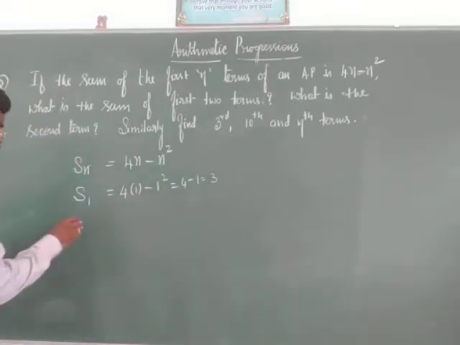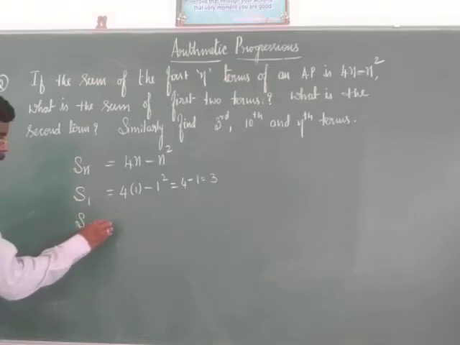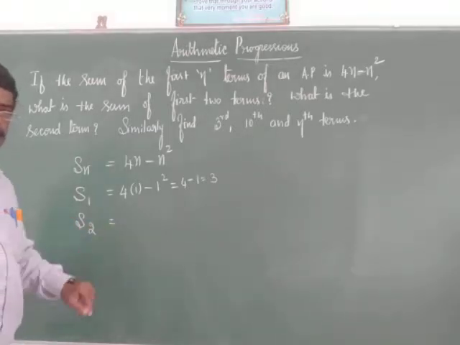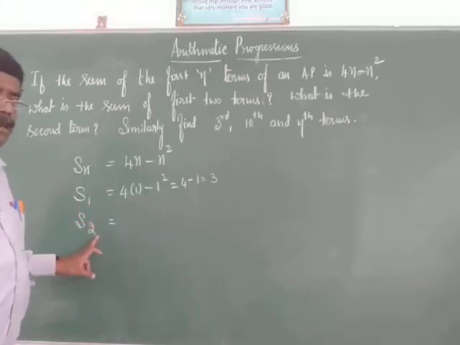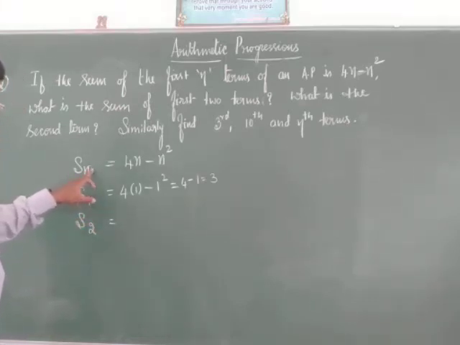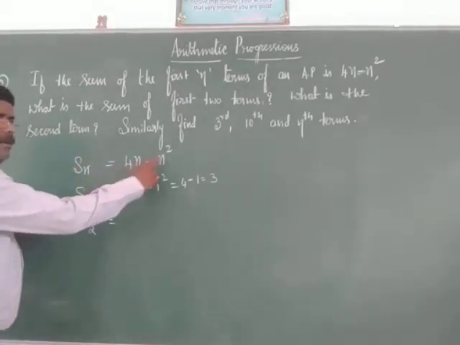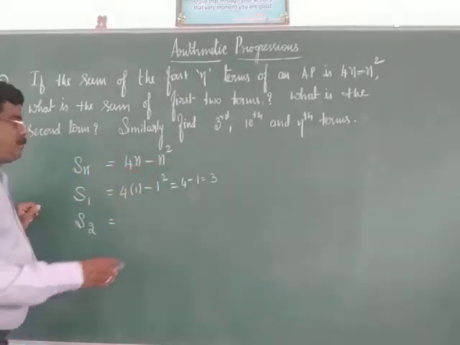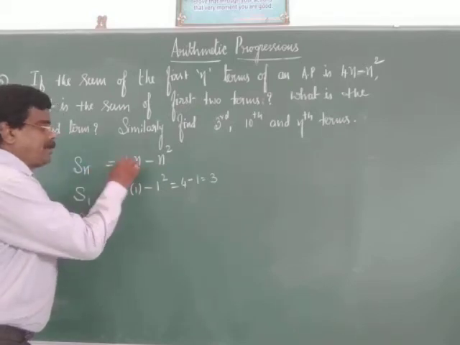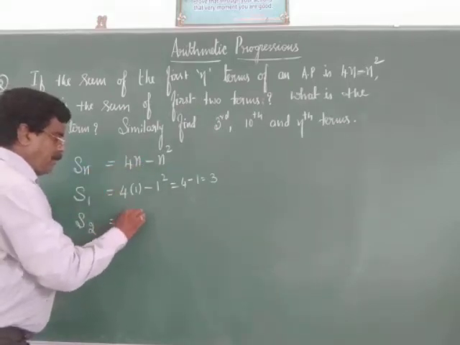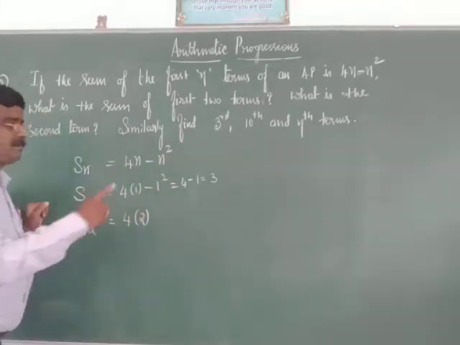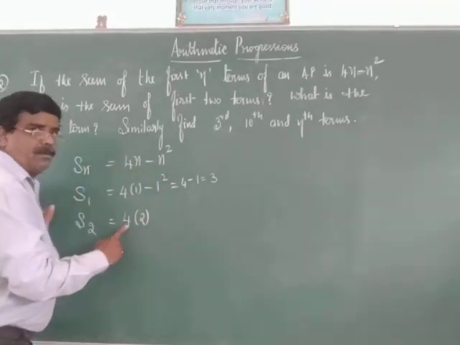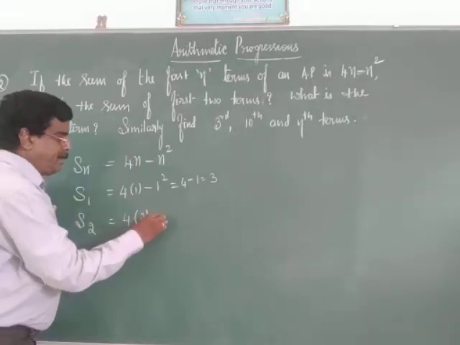Now if you find S2, S2 means sum of two terms. So let us apply the value of n as 2 in the given equation. Here Sn is equal to 4n minus n square. If you substitute 2 in the place of n, 4n means 4 into 2 minus n square.